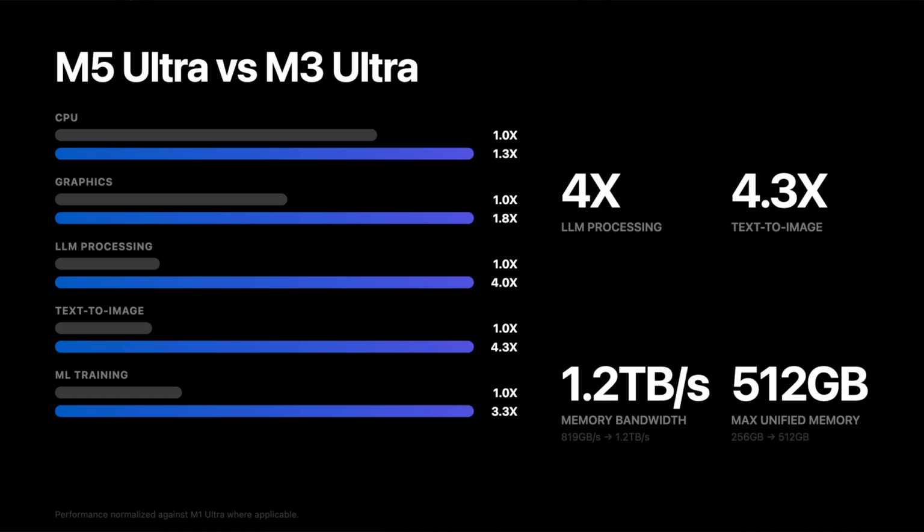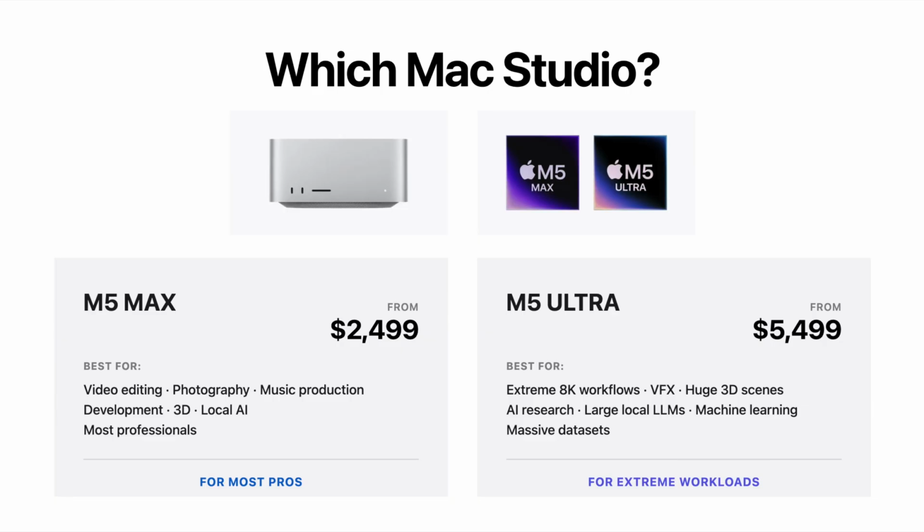And maximum unified memory has increased all the way to 512 gigabytes. That's why M5 Ultra isn't really aimed at someone who simply wants a faster Mac. It's designed for people whose workloads can actually use this enormous amount of compute and memory.